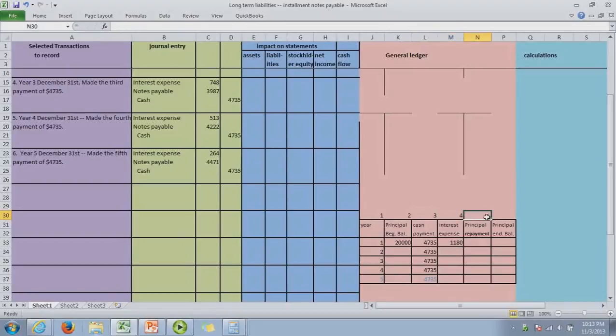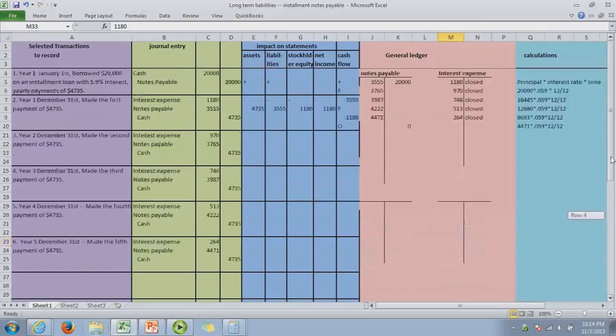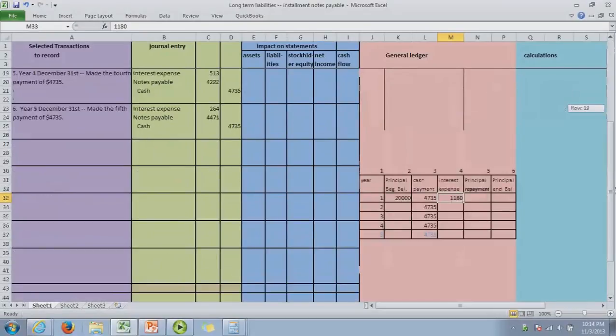Different amortization tables can have a slightly different format, so we're kind of repeating beginning principal and ending. But you start with your original loan, you put in the payment that again is the same amount each time. The interest expense is calculated by taking principal beginning, interest rate annual, time 12 over 12.